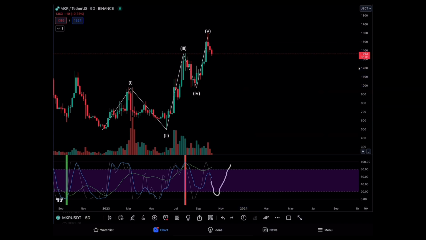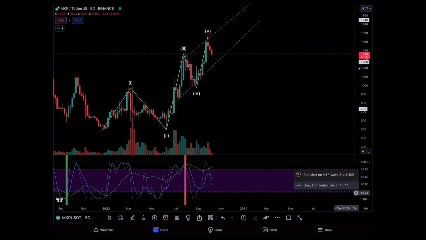So as I said, I'm only watching these trend lines. For that one, I'm simply going to add an alert here, just like we did the past couple of times.